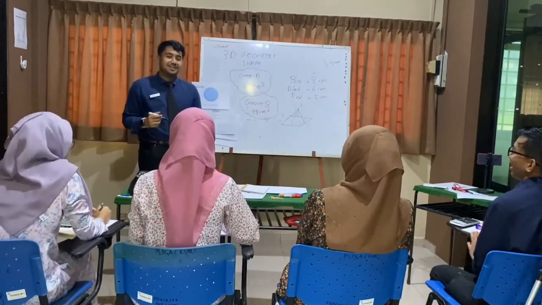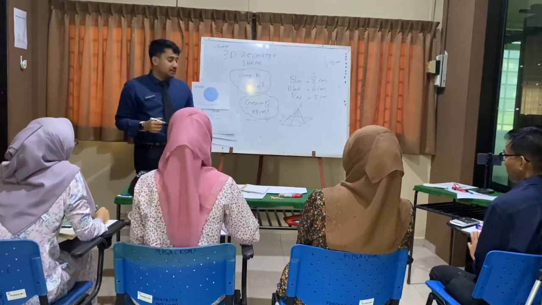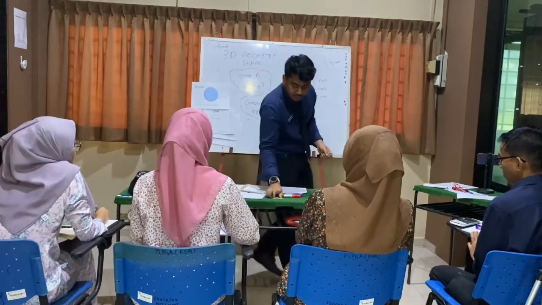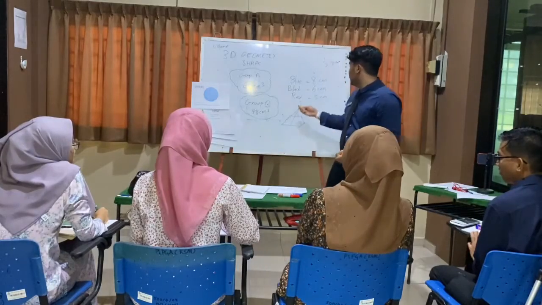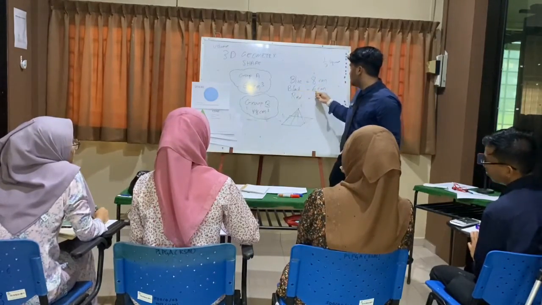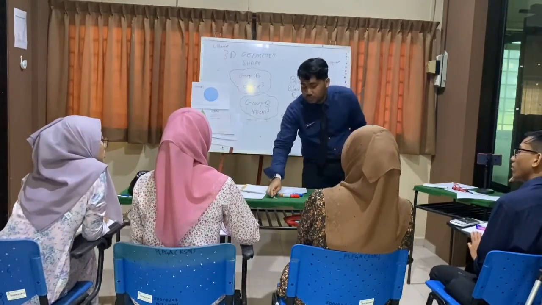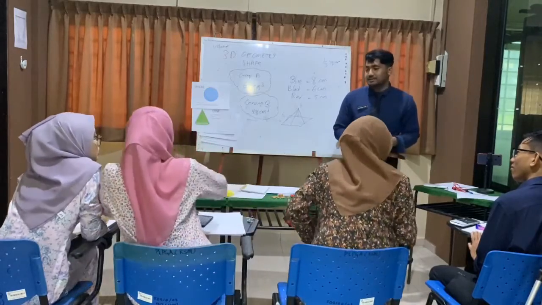Do you have any questions? No. Okay, class. Right now we will have a little activity. I have prepared sticks: blue is 8 cm, black is 6 cm, red is 5 cm. I want you to form groups of 2 people.